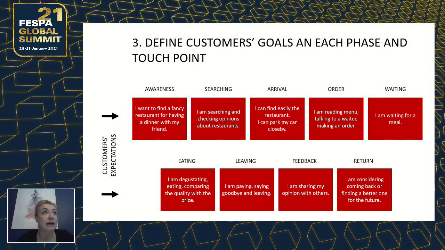Totally different goals will have, for example, a young man, 35 years old, who wants to go on a date with a beautiful lady, for example, on Friday evening. So we run the workshop for exactly this particular persona. Totally different customer journey map will have a family with a baby or two kids who would like to have lunch on Sunday afternoon with the kids, right? So their expectations, their needs and goals will be a bit different than this young man.